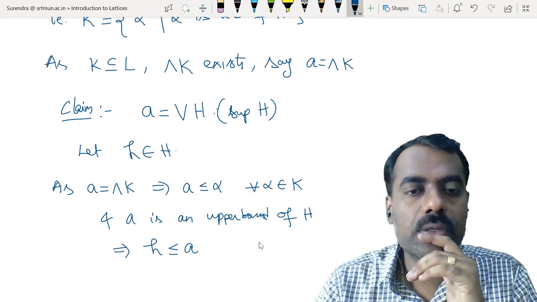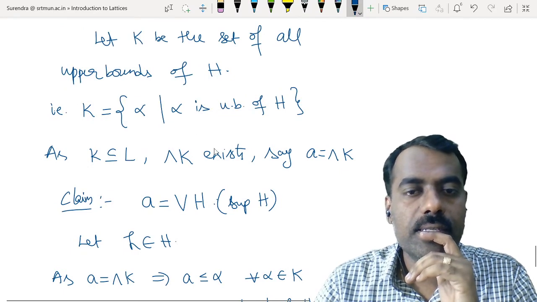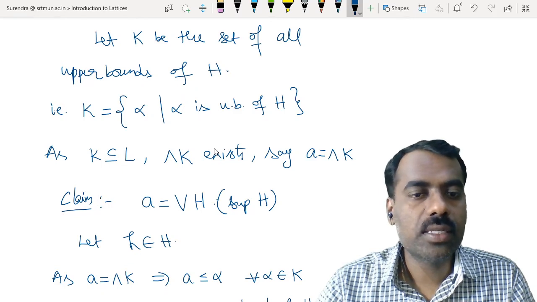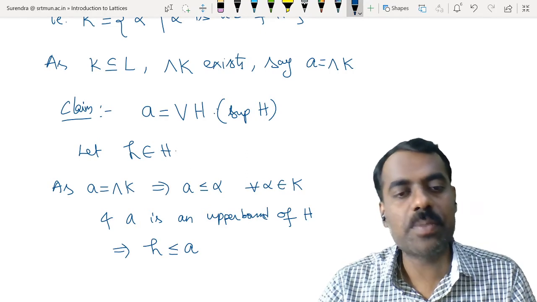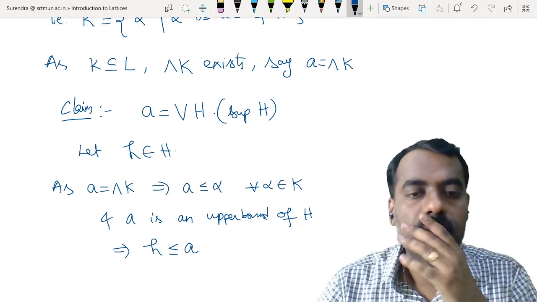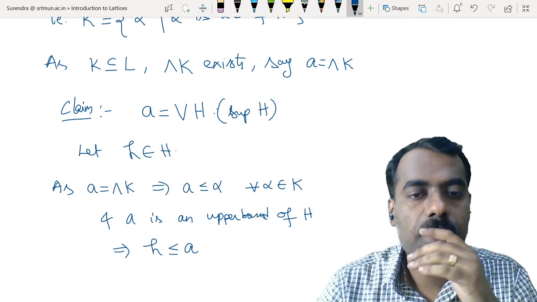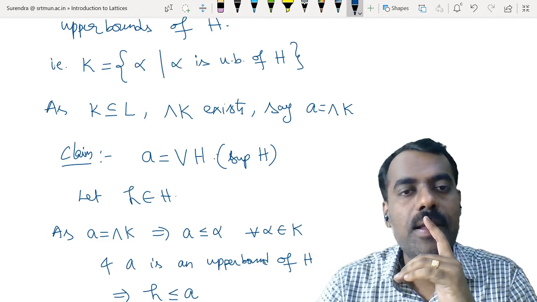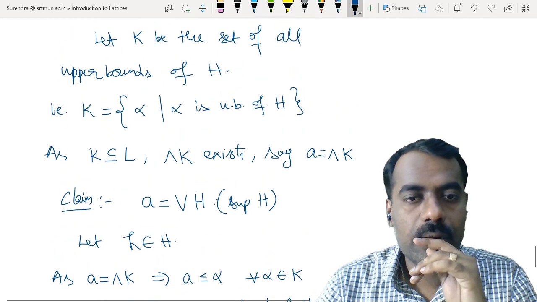So what we want to show now is that this A is the least upper bound, right? How will we show that A is the least upper bound? What is the relation here?